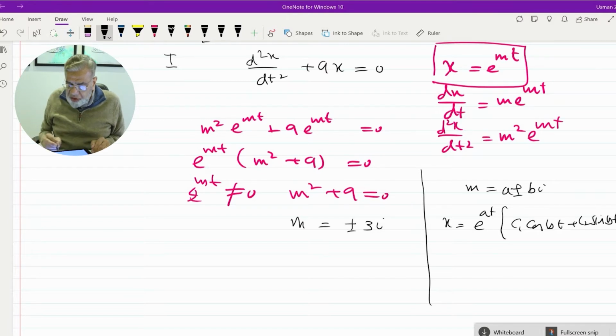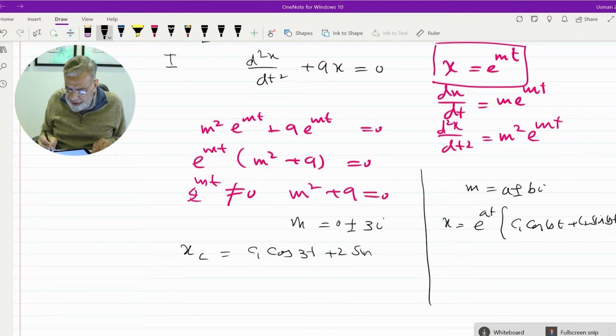Here the real part is 0, and the imaginary part b is equal to 3. So xc, the homogeneous part of the solution, is equal to c1 cosine 3t plus c2 sine 3t. This is number 3.